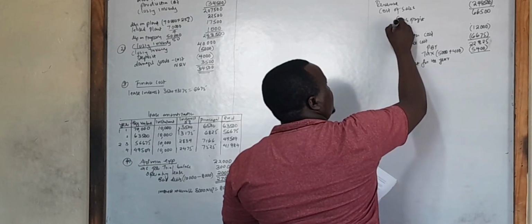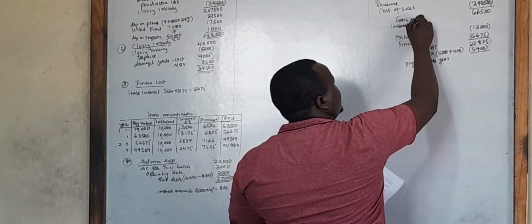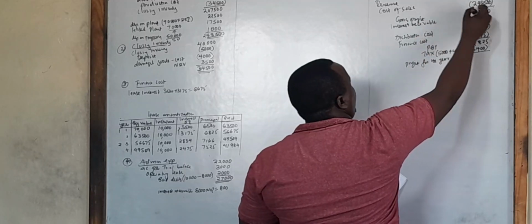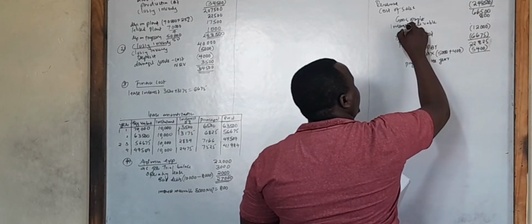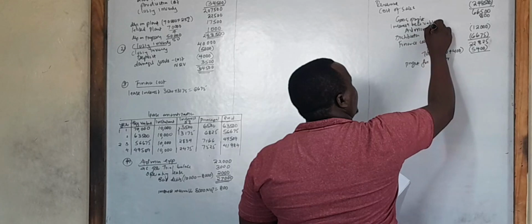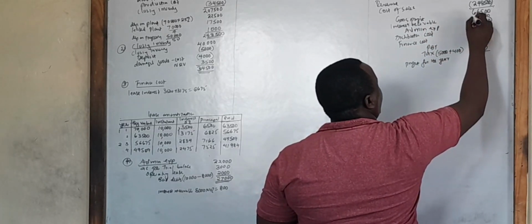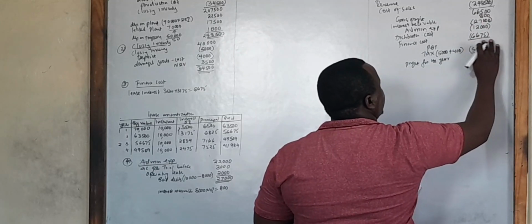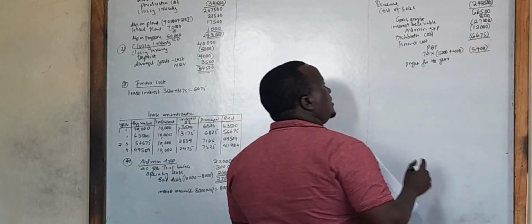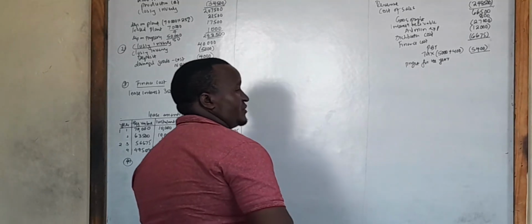Let me first record the interest receivable of 800. And our admin expense now is 27. So we calculate that. Profit before tax will change.